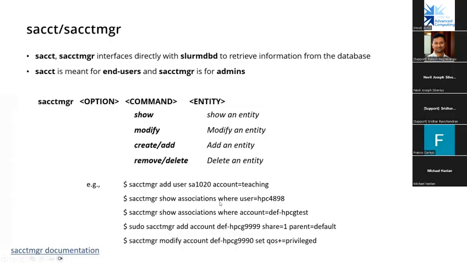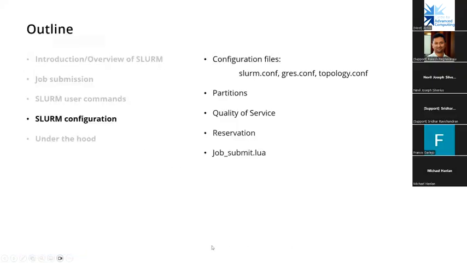That's where we see commands like where user equals HPCG, which are similar to, not exactly the same as, what we find when we are asking the database essentially. And also, if I want to modify an account and add it to a particular QoS or partition, I can do that using the modify command as well.